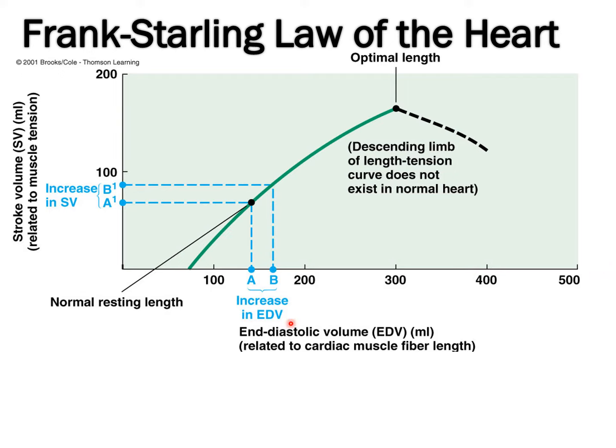The axes here: this is end diastolic volume, which is right before systole, therefore this equals preload or filling of the heart. This axis right here is stroke volume, and it's just how much blood you get ejected, and it's never equal. You don't put in 200 mils of blood and get 200 out. It's, you know, half or a little bit more at best in humans.